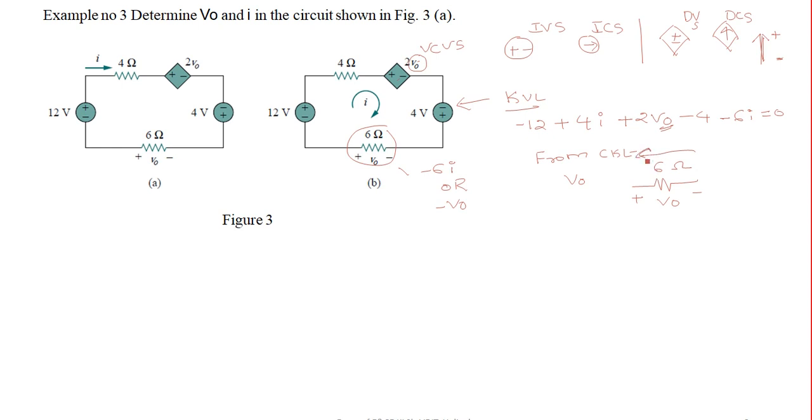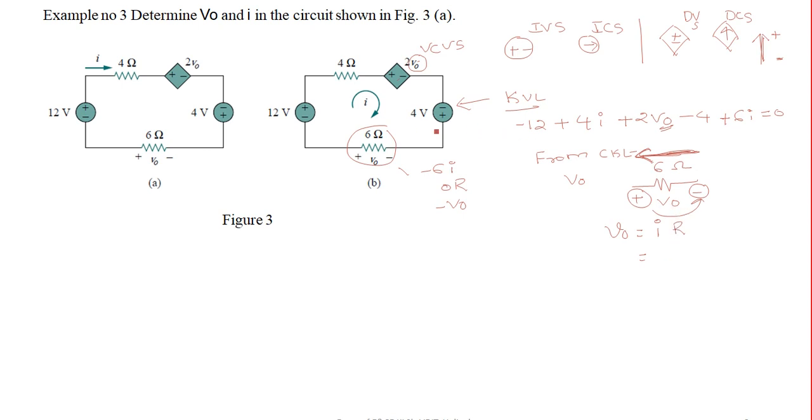But according to passive sign convention, we know current should flow from higher potential to lower potential. So it is flowing in the opposite direction. If you consider it that way, we can have a slight modification. V0 equals the current multiplied by the resistor associated with it.